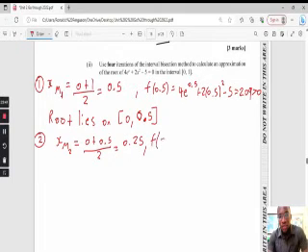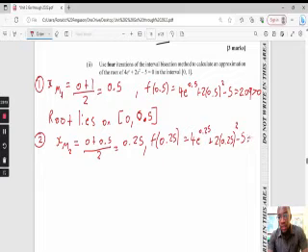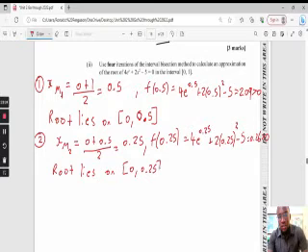We'll work out f of 0.25, which is 4e to the 0.25 plus 2 times 0.25, squared, minus 5. Notice we get 0.26, so we're getting closer. This is still greater than 0. In that case, the root lies between 0 and 0.25.